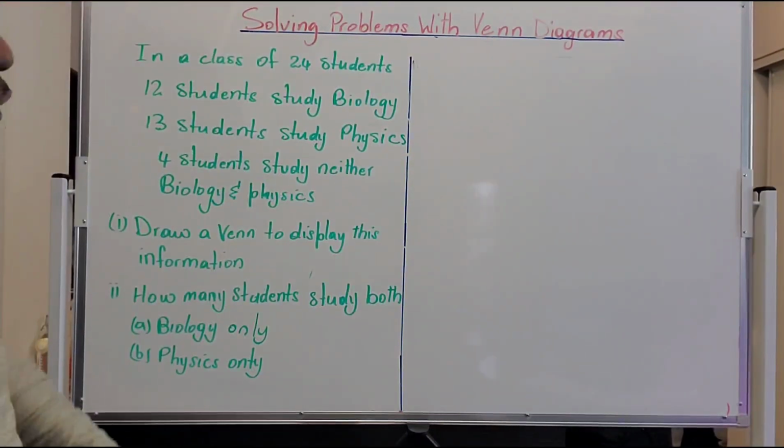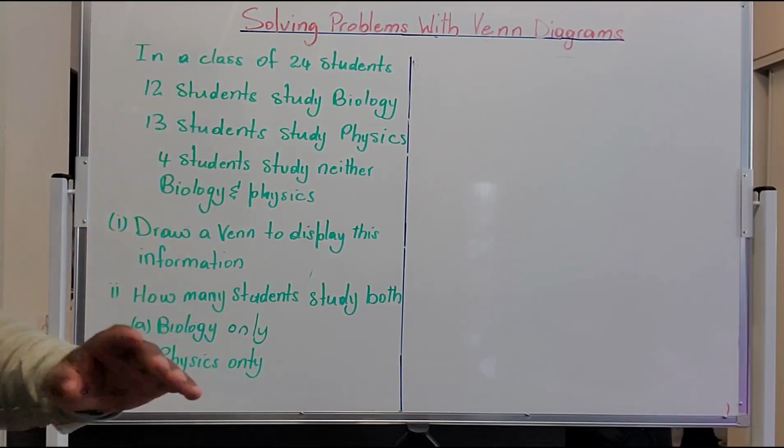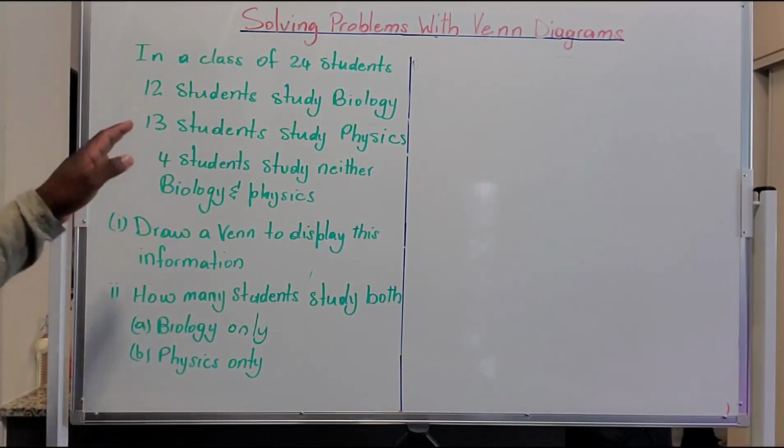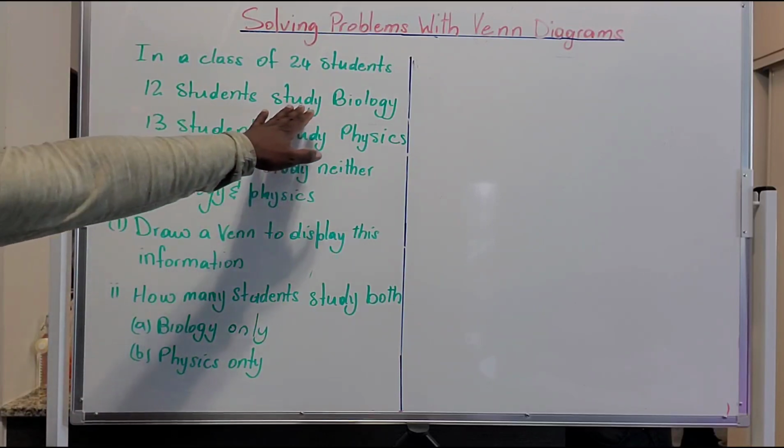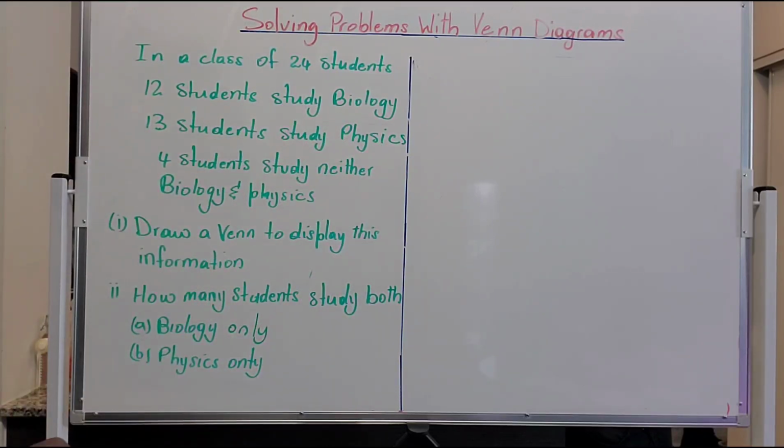We now move to our second problem. It tells us that there are 24 students in a class. Of this 24, 12 are studying biology, 13 are doing physics, 4 students study neither biology nor physics.